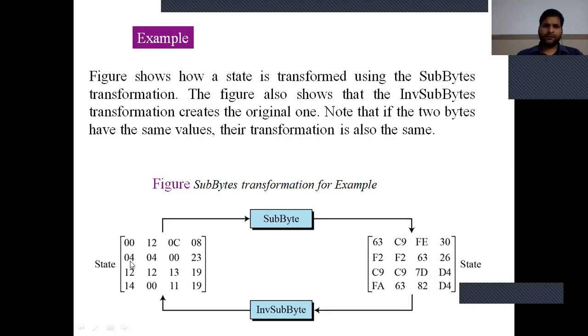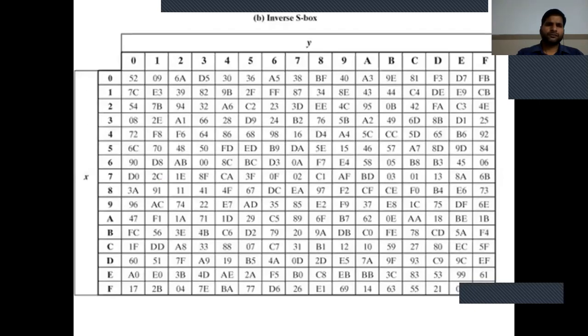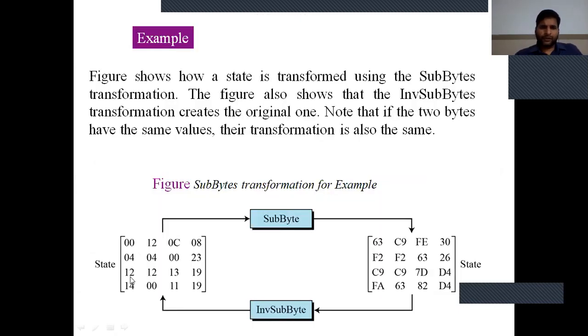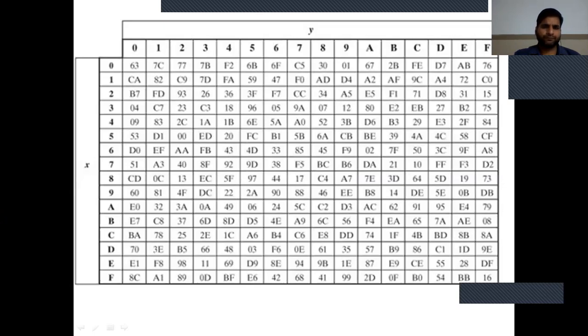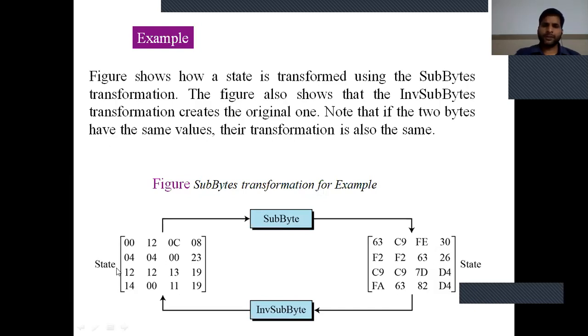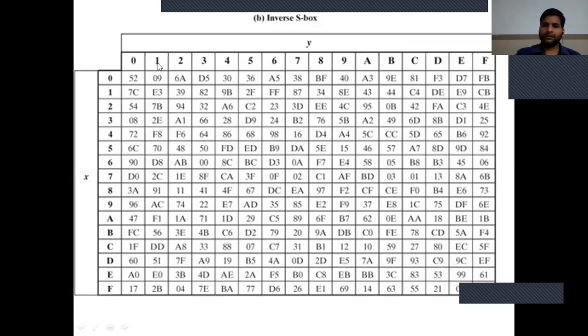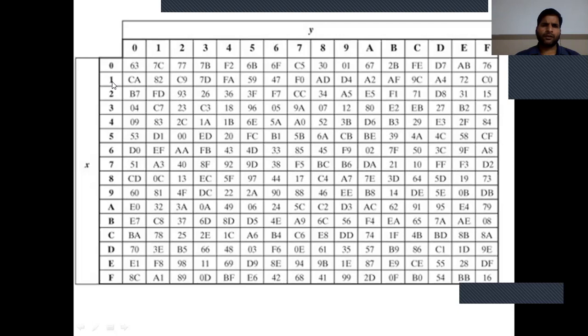The value 04 gives F2. Now for the value 12, we apply the input and find C9, where the first 4 bits represent the row and the last 4 bits represent the column.